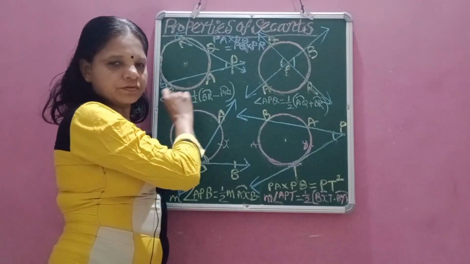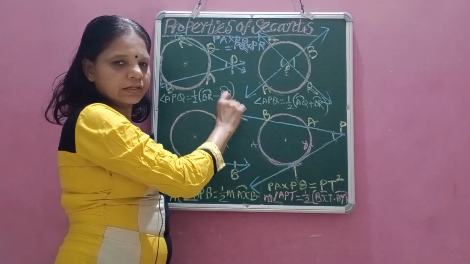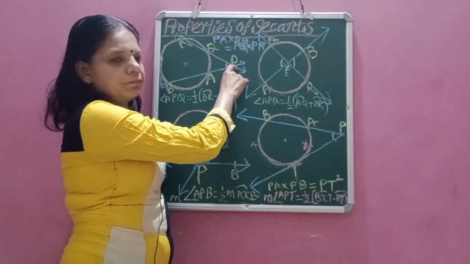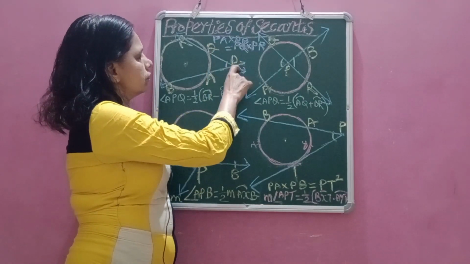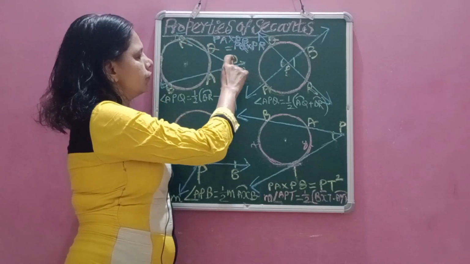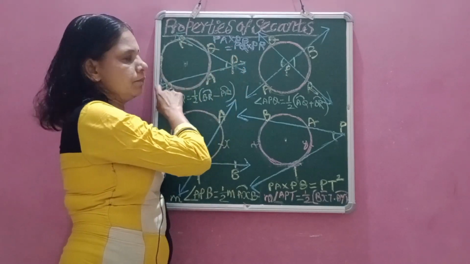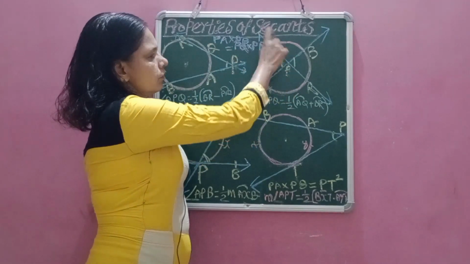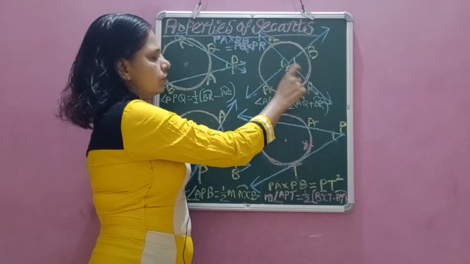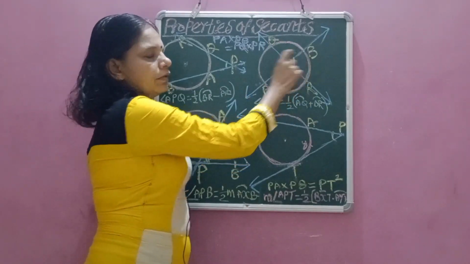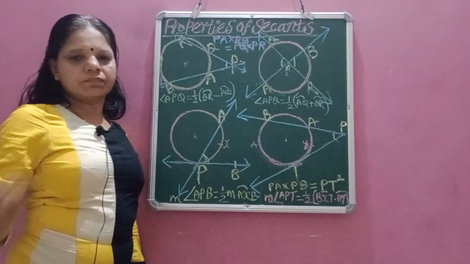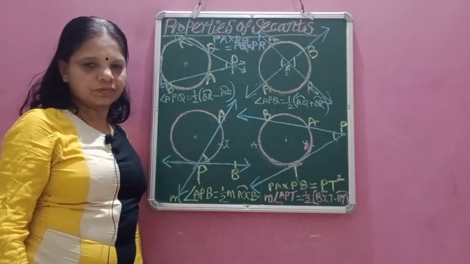The product of the segments should be taken in the same order, starting from P. That is the relation between the segments formed.